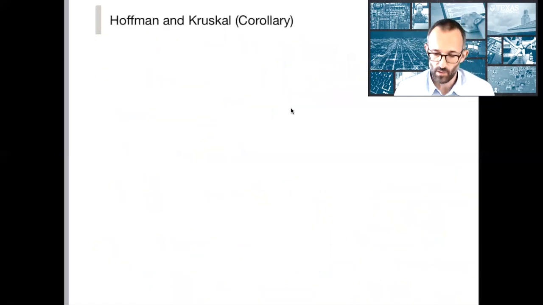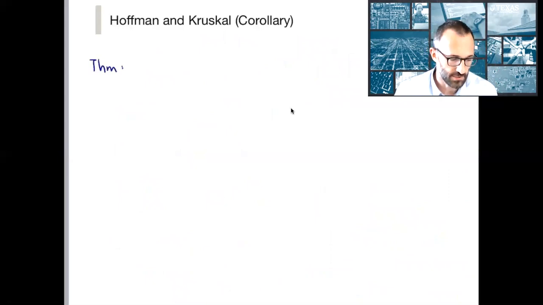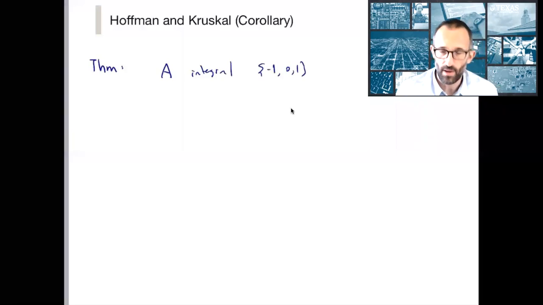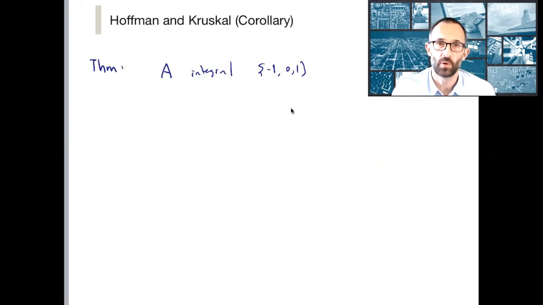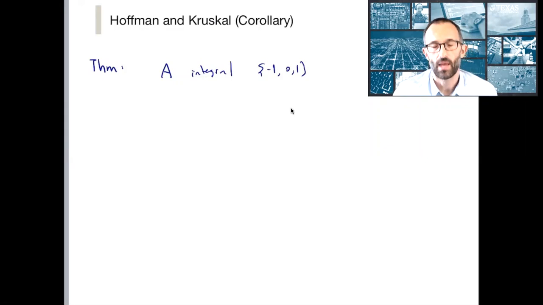Now let me follow up with a simple corollary. I'll write it as a theorem due to Hoffman and Kruskal, which says that if A is integral, and again, when I say the matrix is integral, I mean it has -1s, 0s, and 1s. If you're ever hoping for total unimodularity, it has to be that. But when I say B is integral, I'm just implying that it has integer coefficients.